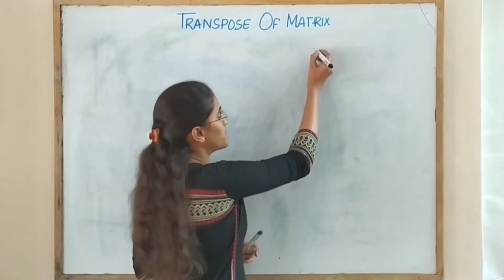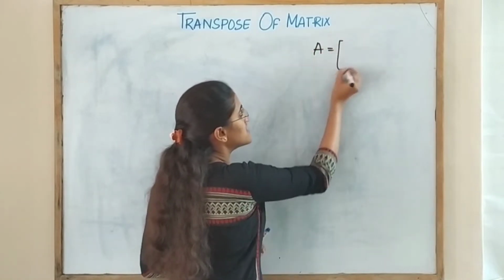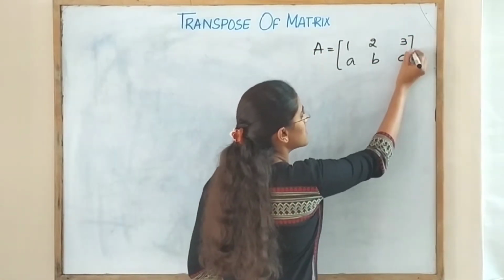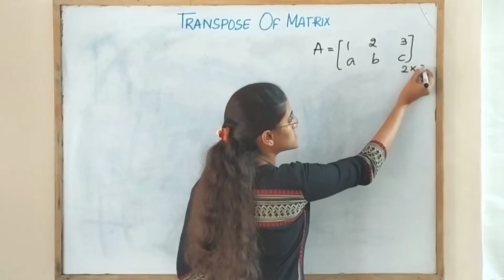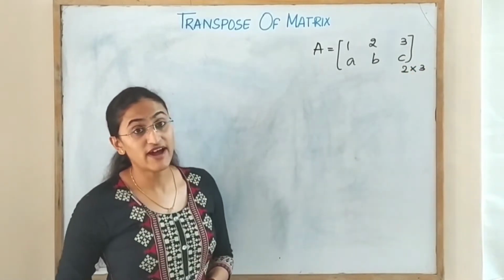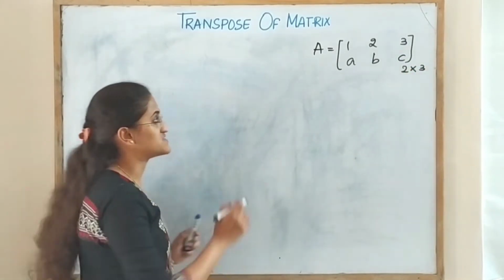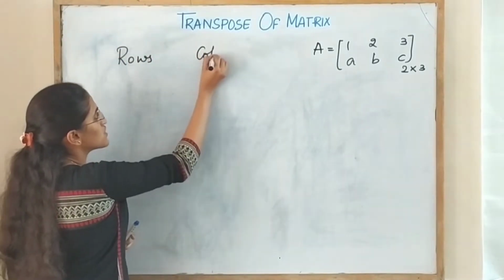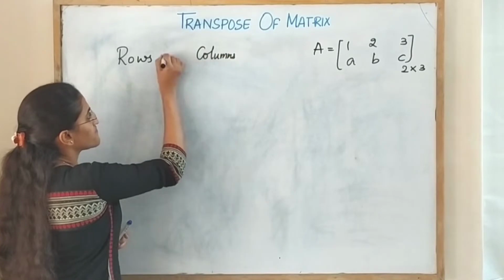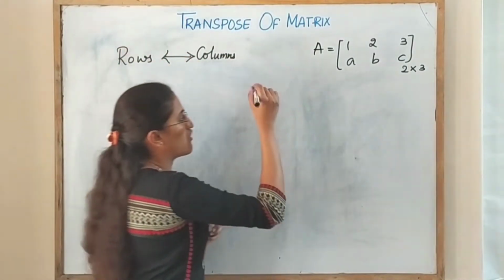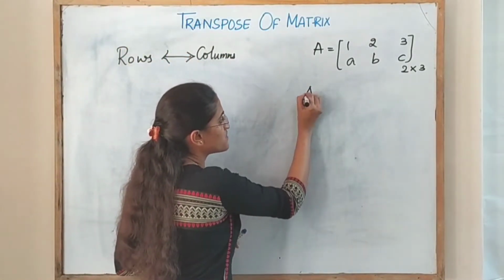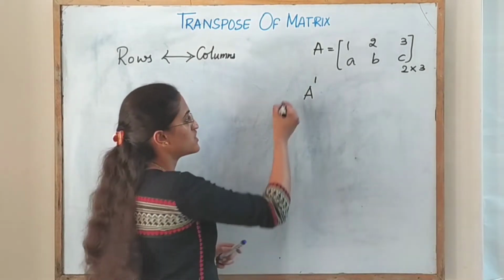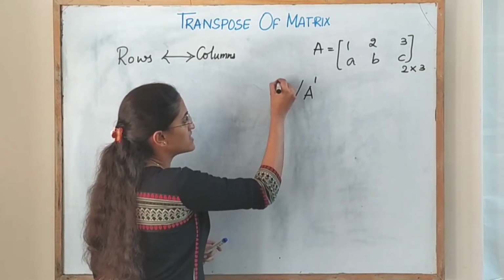If we choose a matrix A of order 2 cross 3, then we can find the transpose of this matrix by interchanging all the rows and columns. Usually the transpose is denoted by A dash or sometimes even this.